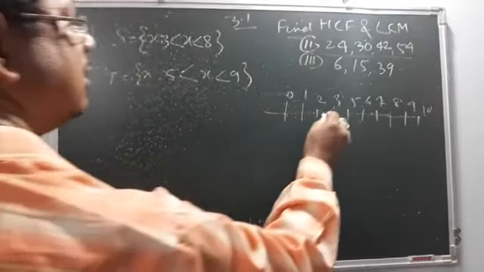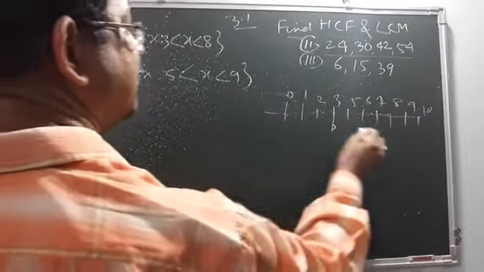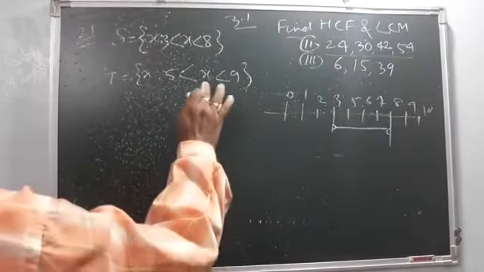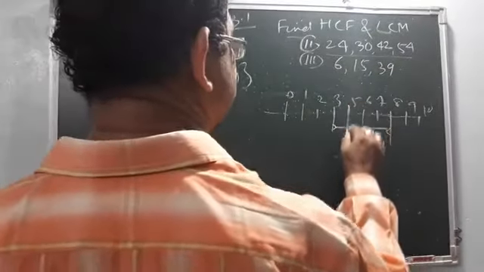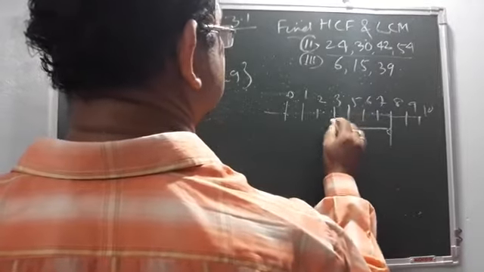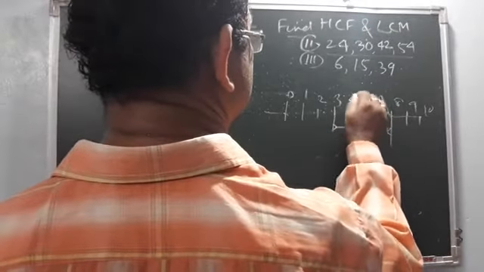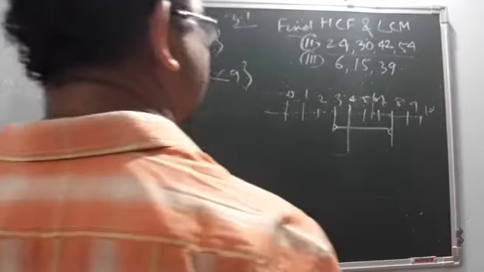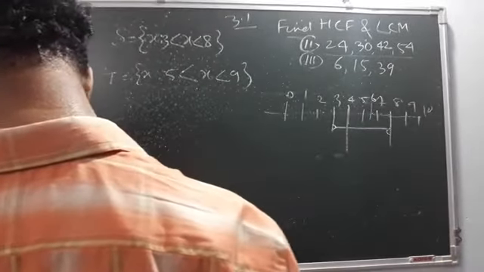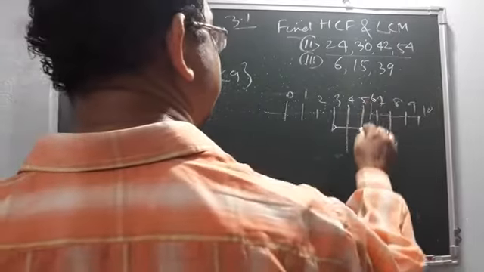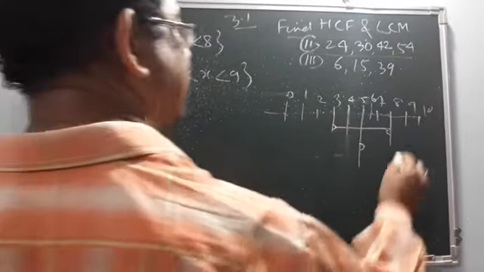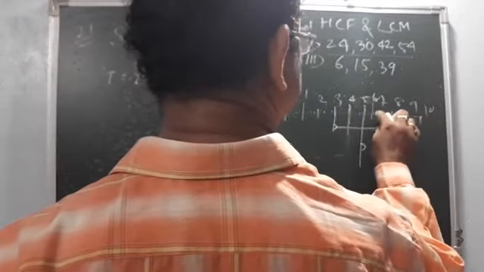First one, greater than 3, less than 8. So that portion. This one, greater than 5, but less than 9. So 6, 7, 8, 9.